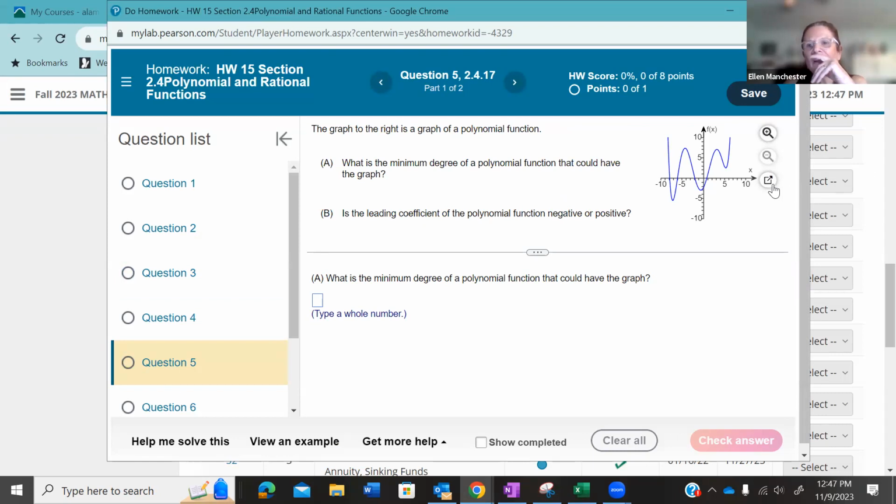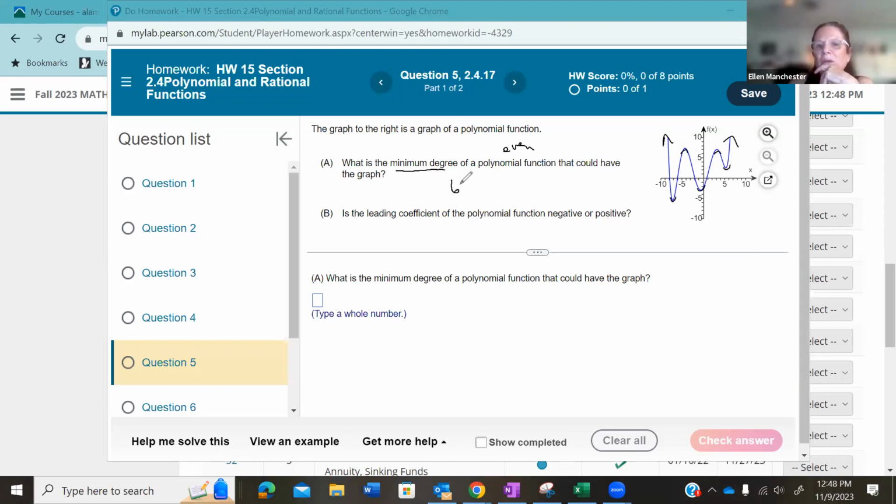All right. So this one, you're just looking at the graph. Look at your end behavior. See how the end behavior is going up, up? So you know it's got to be even. They're asking for the minimum degree. Well, now you look at the turning points. So here's 1, 2, 3, 4, 5.